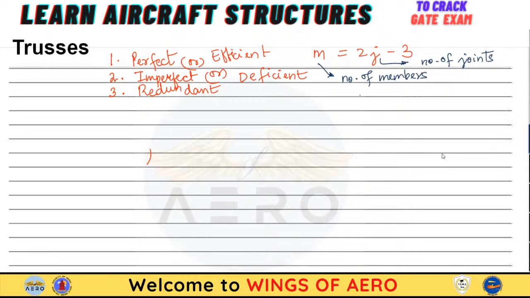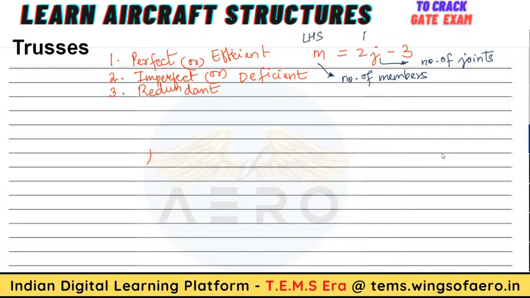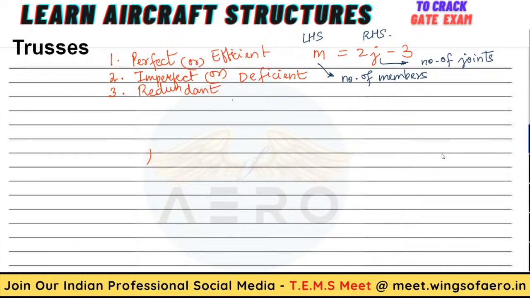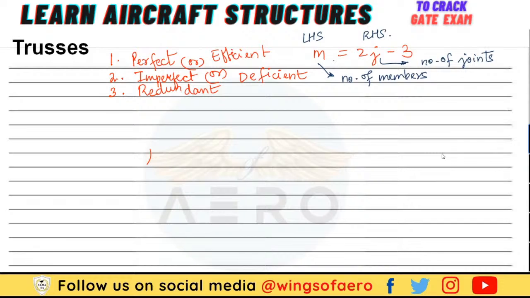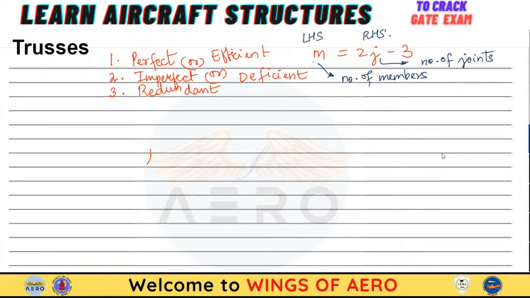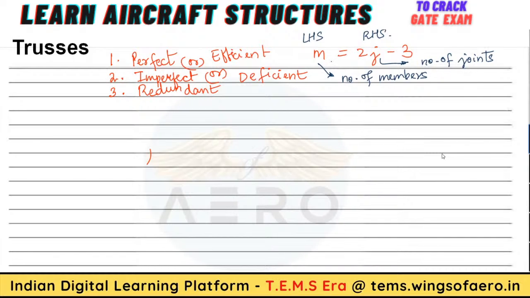Suppose this is the left hand side and this is the right hand side. When both the left hand side and the right hand side become equal, then we can say that the particular structure, the truss, is perfect. Now let's see an example.